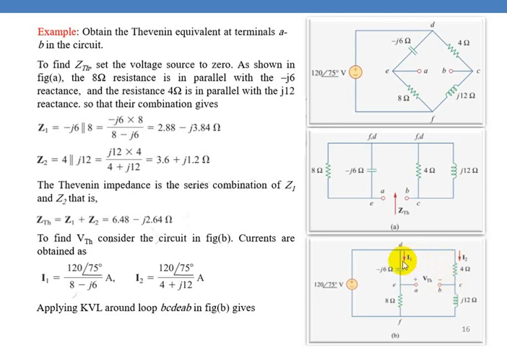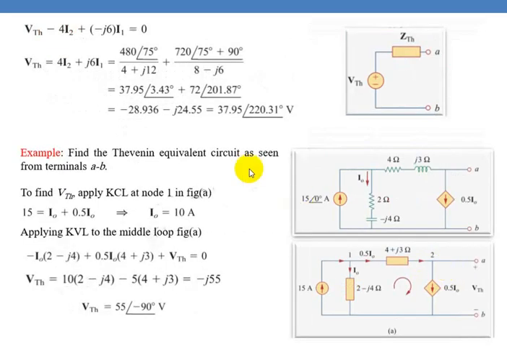So from this you find VTH will be equal to 4I2 plus J6I1. Substitute all the values, you will get 37.95 at an angle of 220.31 volts in polar form. In rectangular form it is minus 28.936 minus J24.55.